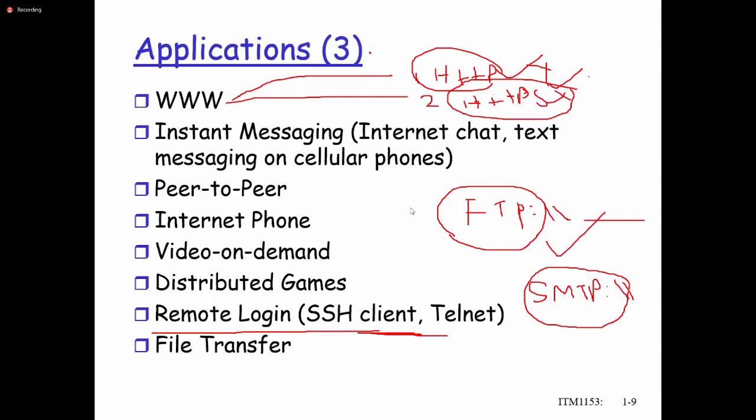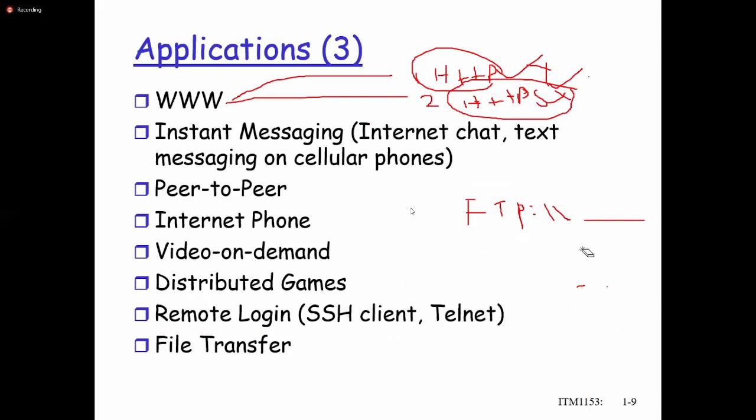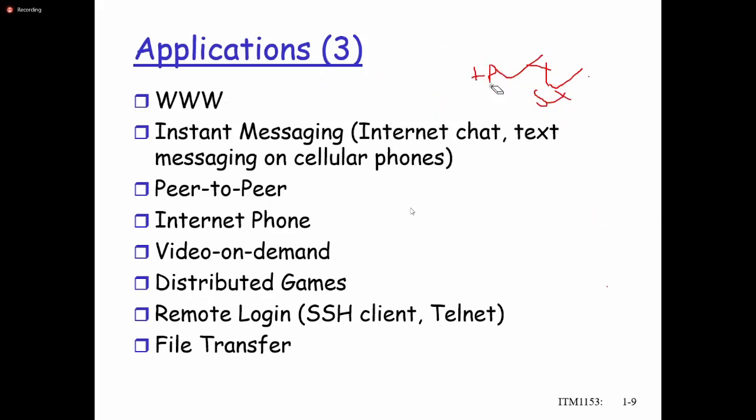Now you are in your home. In that case, you can use that remote login facility. In order to remotely log in, we have different protocols. Those are the different services, and for each service we have different protocols, right? Here is just an introduction, so I gave different types of protocols.